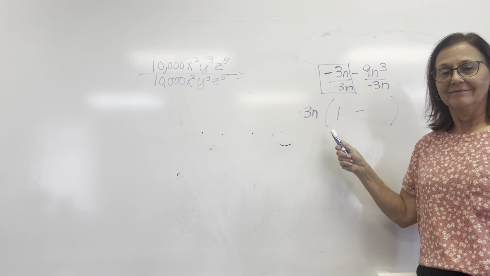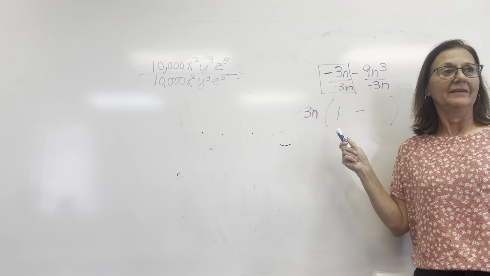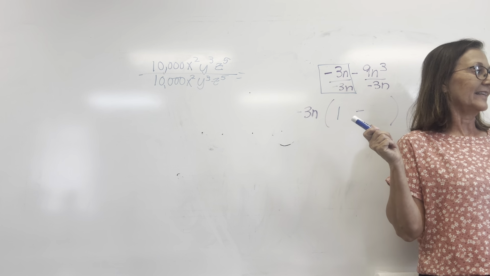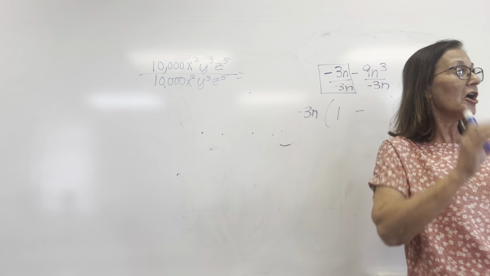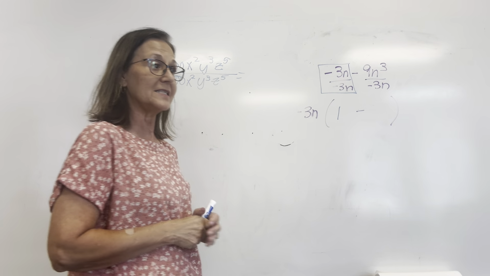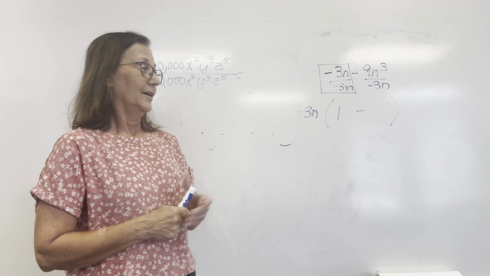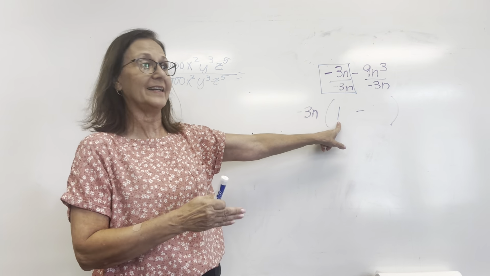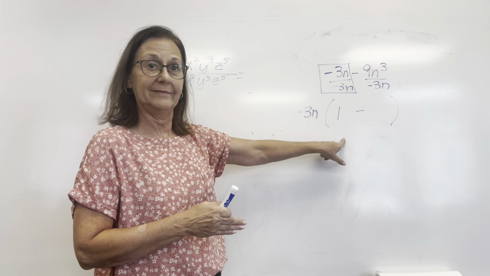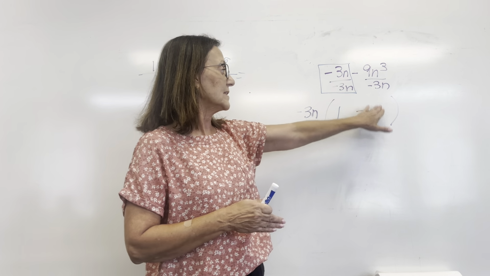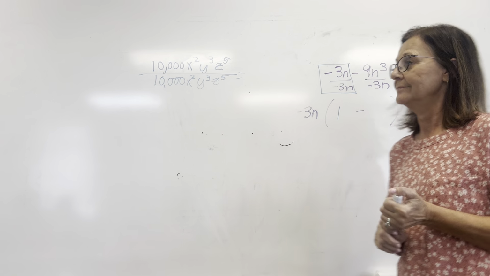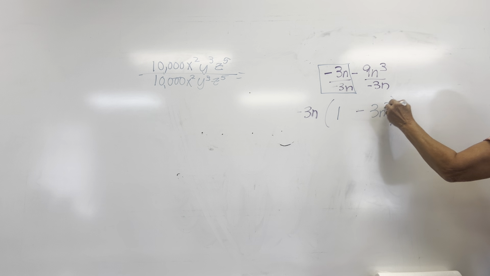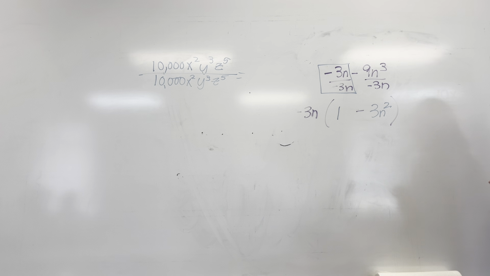This is not nothing. It is 1. That's why I said, if you begin with 2 terms, you have to have 2 terms inside parentheses. You want to say there's nothing left here. I factored it all out. I haven't. I've got to have a 1. Okay, now what's left in the second term? Drew? 3n squared. Got it?